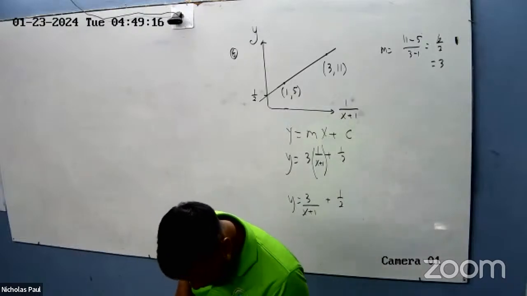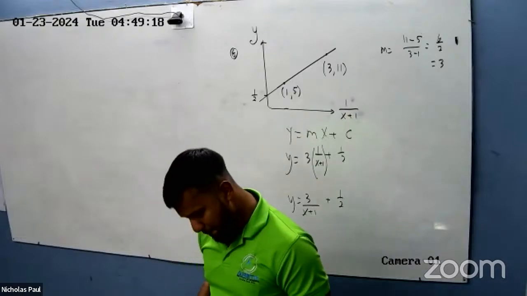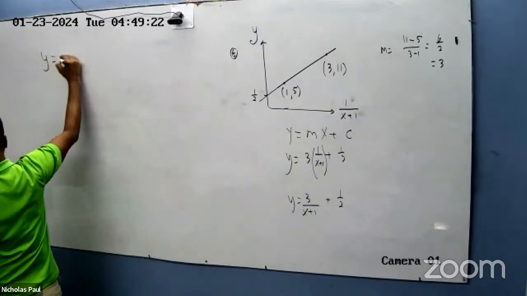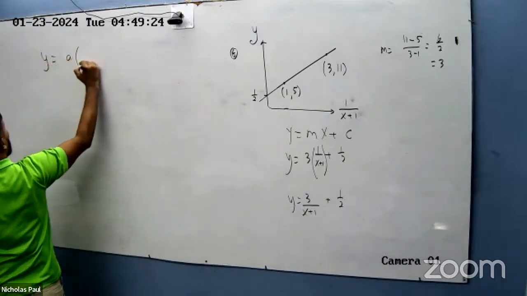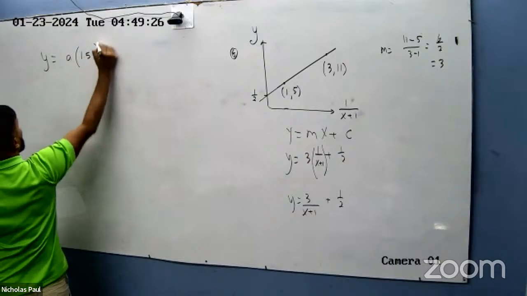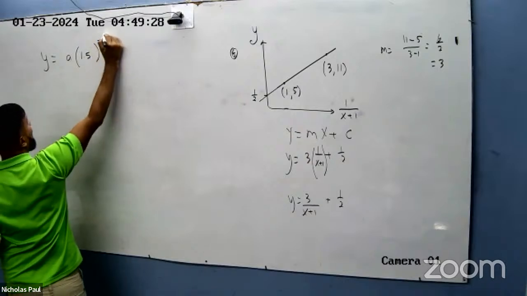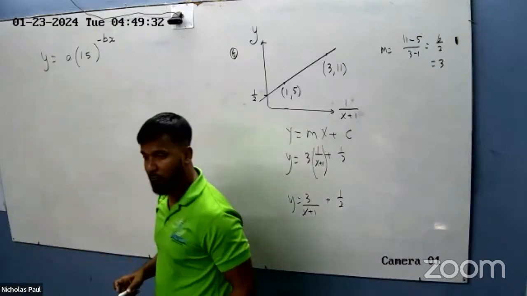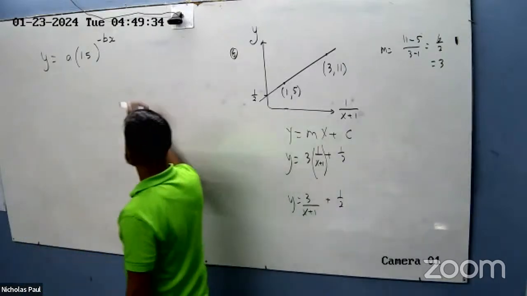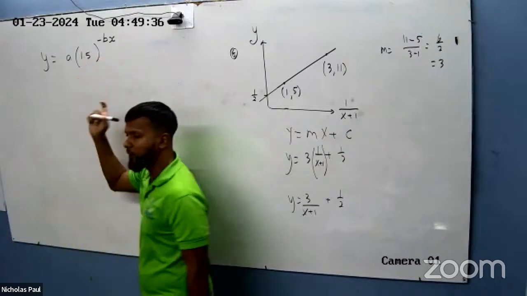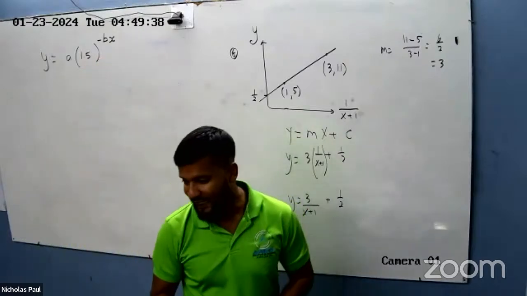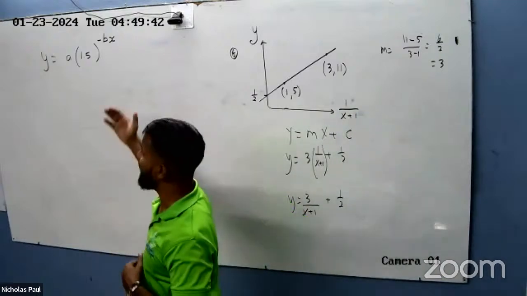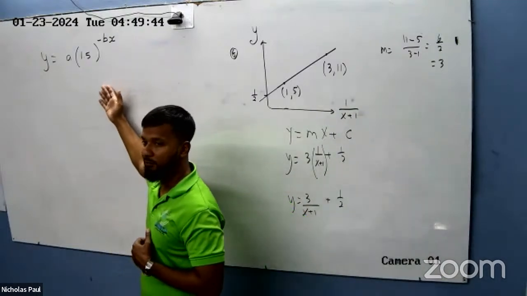All right, let me give you one to see what you will do. Linearize. That's the last thing, and I'll be done. Linearize this. You tell me what to plot to find A and B. Right?